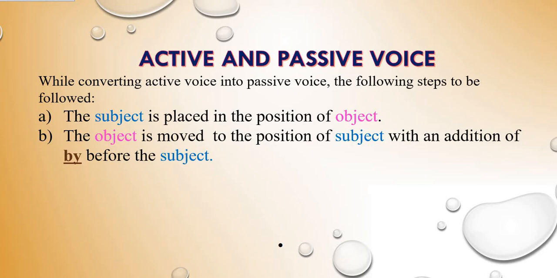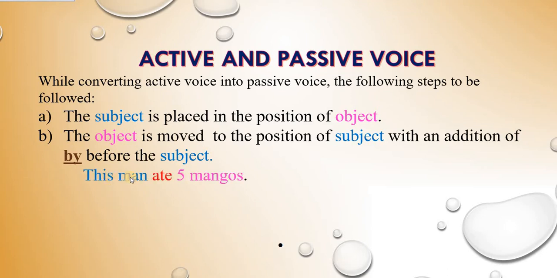See, when we convert active voice into passive voice, subject becomes object and object becomes subject. And when subject becomes object, we should add by before the subject. That shows that still the work is done by the subject of the active sentence.